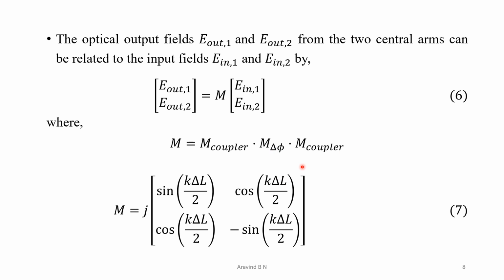The M coupler matrix we have derived previously, and M delta phi we have represented previously. After solving this, we get this matrix as the output. That is, M is equal to j as a common factor, times sin K delta L divided by 2, cos K delta L divided by 2, cos K delta L divided by 2, minus sin K delta L divided by 2.